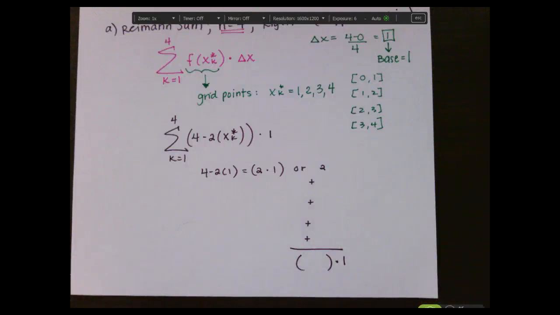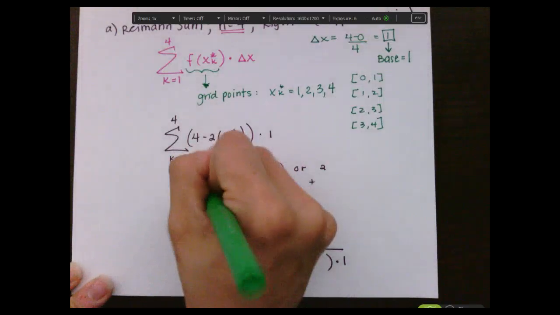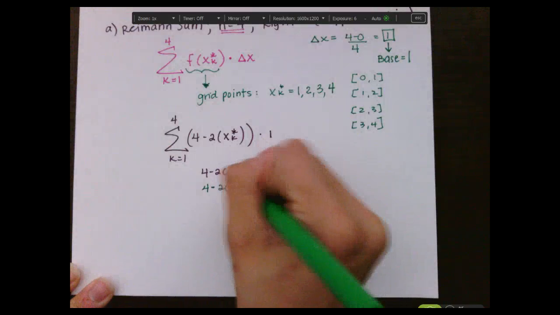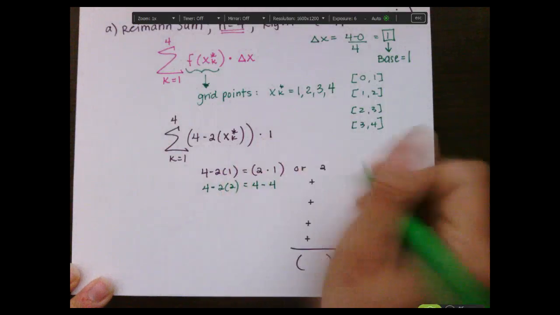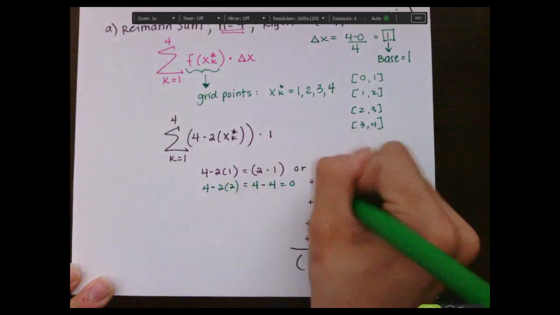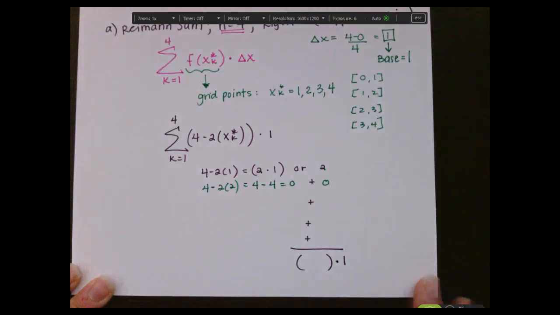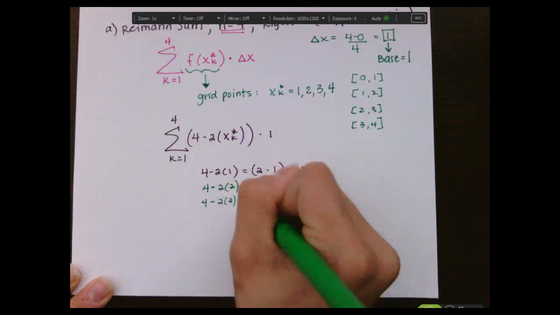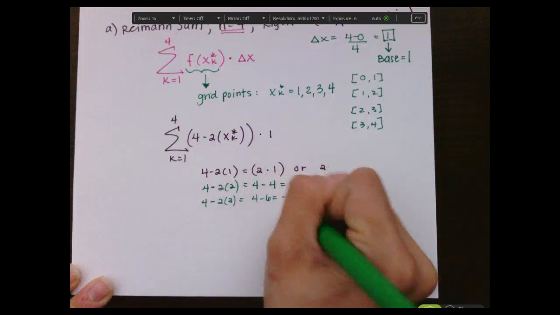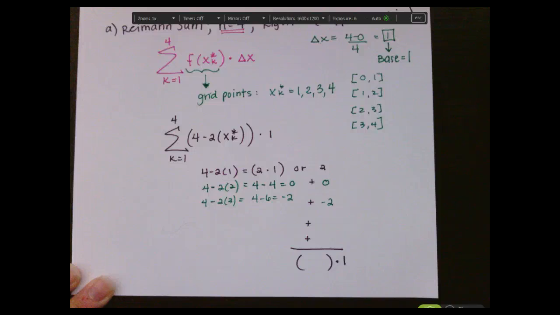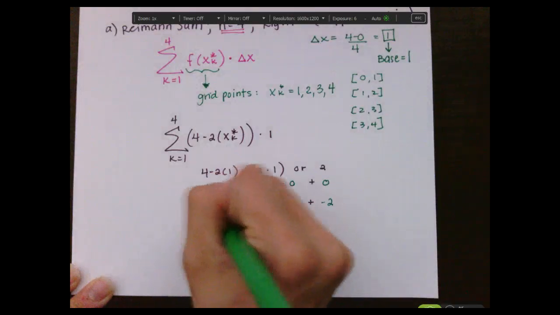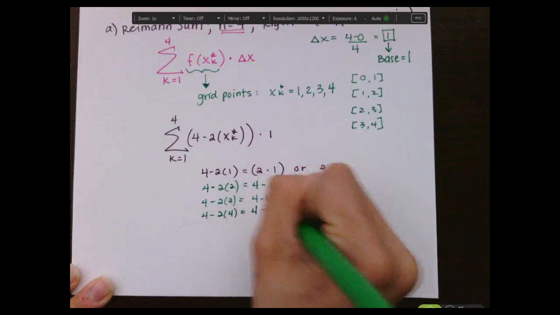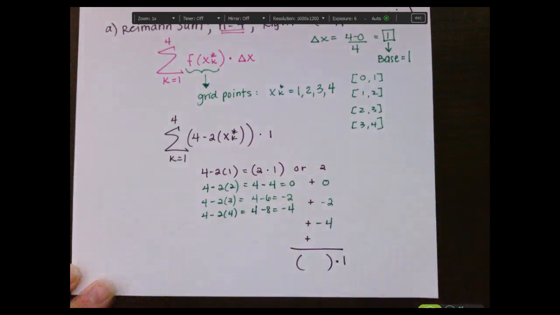All right, so my first height is 2. My second height is when k equals 2, so plug 2 into my function, and I get 0 for my second height. My third rectangle, k equals 3, I get negative 2. And my fourth, let k equal 4, and I get negative 4.